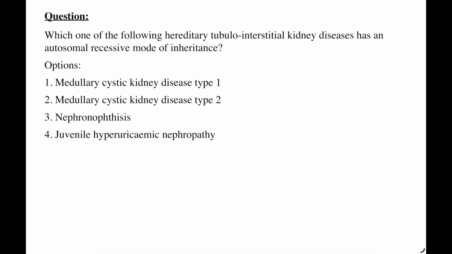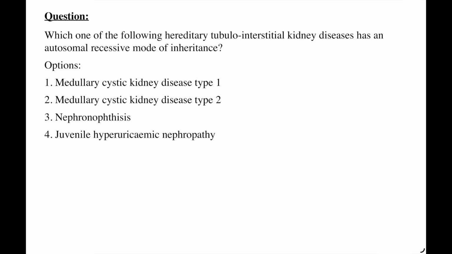So the next question from nephrology, as you can see, is: which one of the following hereditary tubulointerstitial kidney diseases has an autosomal recessive mode of inheritance? Autosomal recessive mode of inheritance. Little tough question, but there is a direct, straightforward table given in the Davidson book.